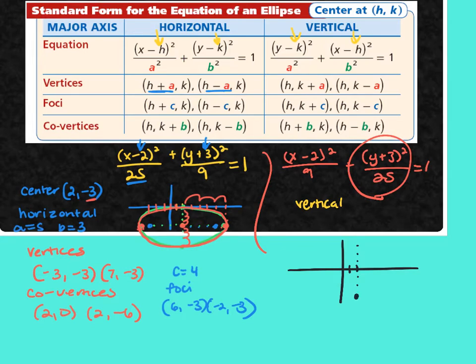And I would go up and down 5, 1, 2, 3, 4, 5, down 1, 2, 3, 4, 5, right and left 3. And there's that ellipse. So that's the difference between the vertical and the horizontal. In the horizontal, the a is underneath the x, or the bigger number is underneath the x. And in the vertical, the bigger number is underneath the y.